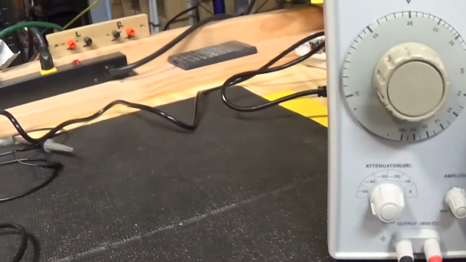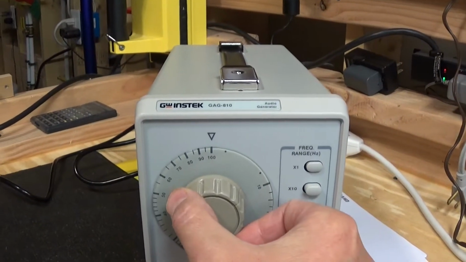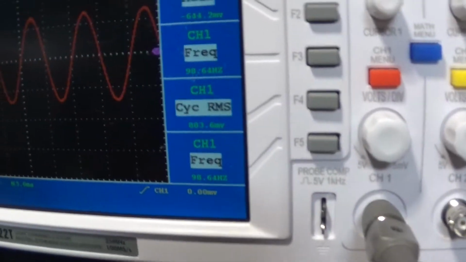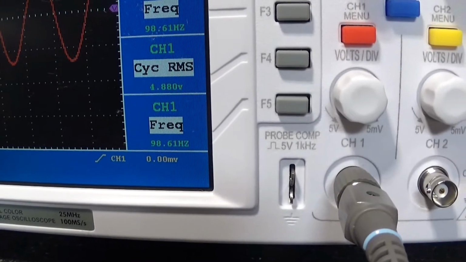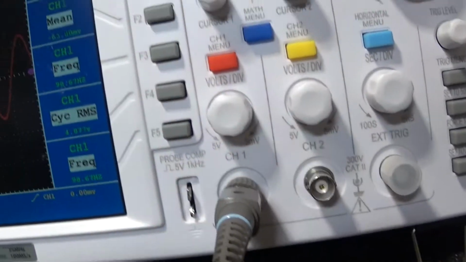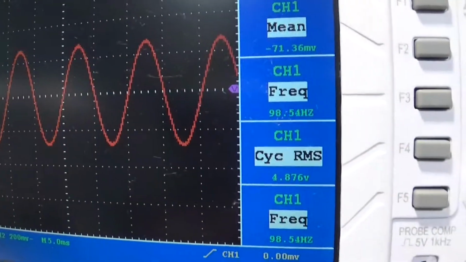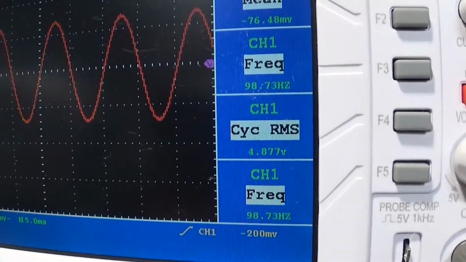Let's go back down to our ×1 again and go up to 100 hertz. See, the scope is taking its sweet time. What have I done?